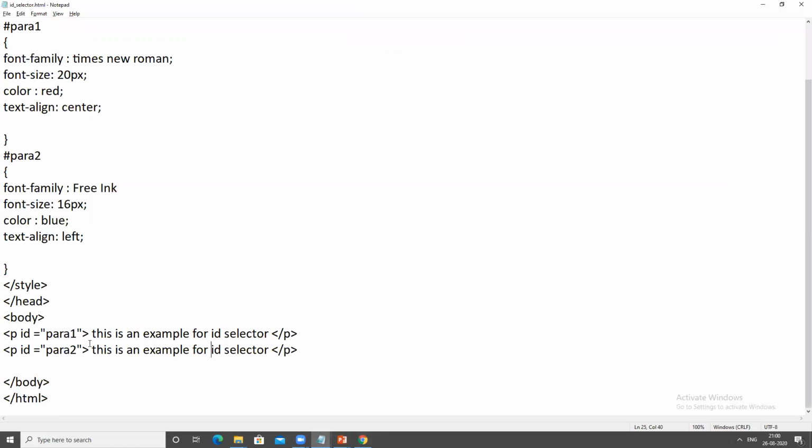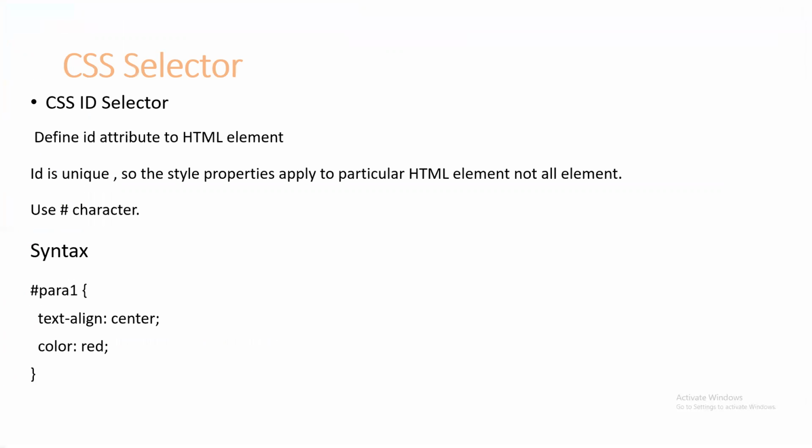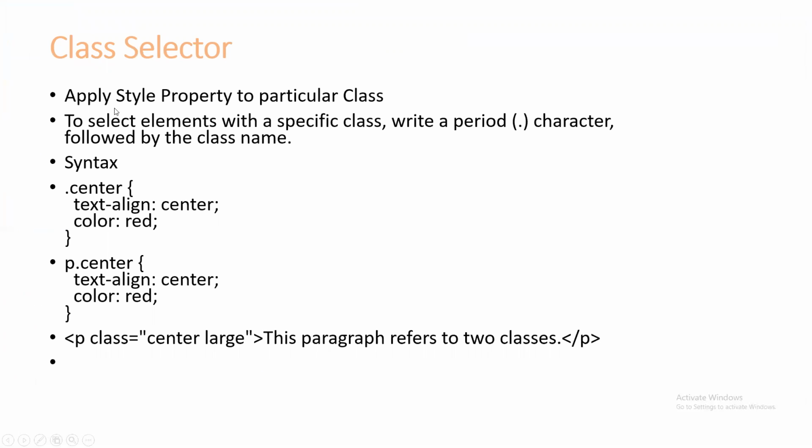It will come here. So this is the ID that we specify to HTML element, the paragraph, and we apply the style. Same example we are going to see in our next CSS class selector.